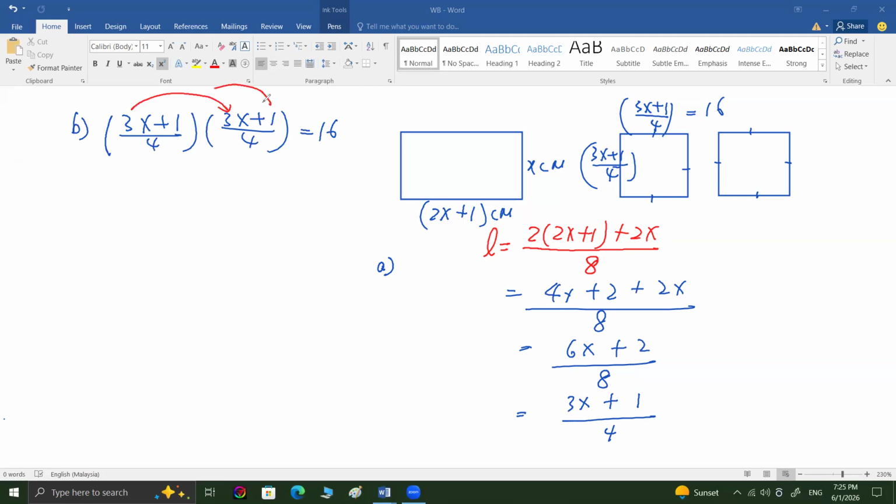Yeah, you can apply (3x plus 1) squared, or just have the arrow like this that I taught you. Then the denominator will be 4 times 4, 16. So later you shift the 16 to the right without the fraction. Then after that, shift it back to the left side to make it equal 0. And then refactorize, yeah?